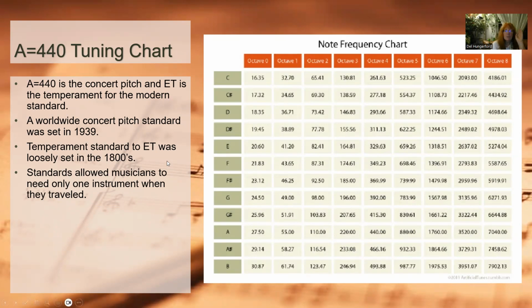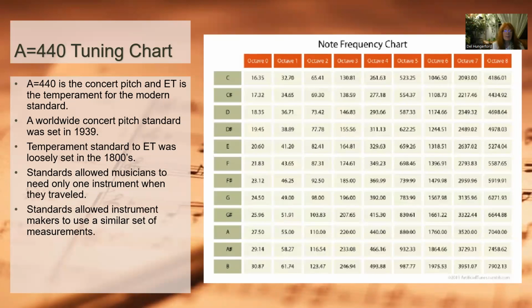So by setting equal temperament as the standard temperament and concert pitch to 440, musicians could travel all over the world and play with other musicians for the first time ever. Standards allowed instrument makers to use a similar set of measurements. No longer do you have the problem of, hey, can you build me this instrument in this concert pitch in this temperament?